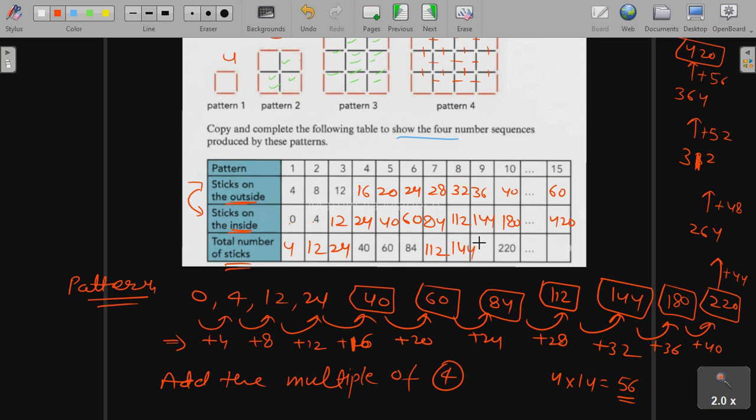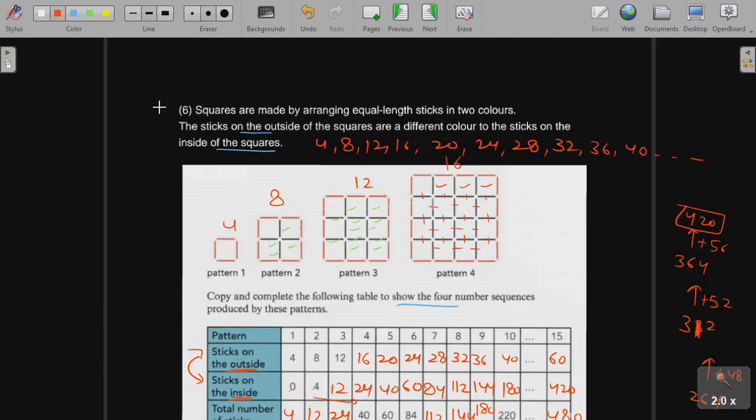It means you can see the sequence 4, 12, 24, 40, okay, 220, and this is 420. So this is how we have completed the table. Okay. So this is our question number 6.